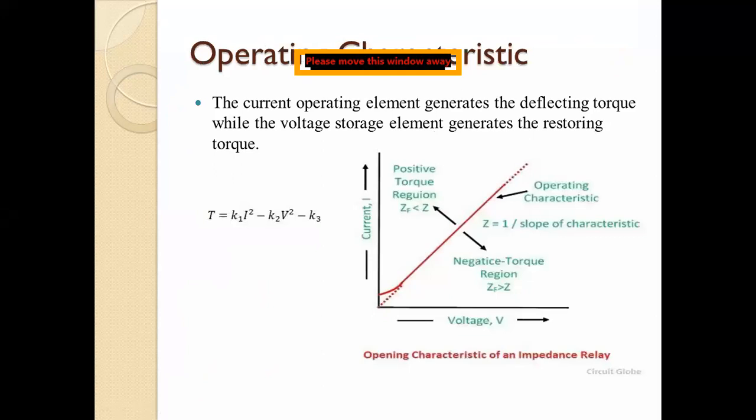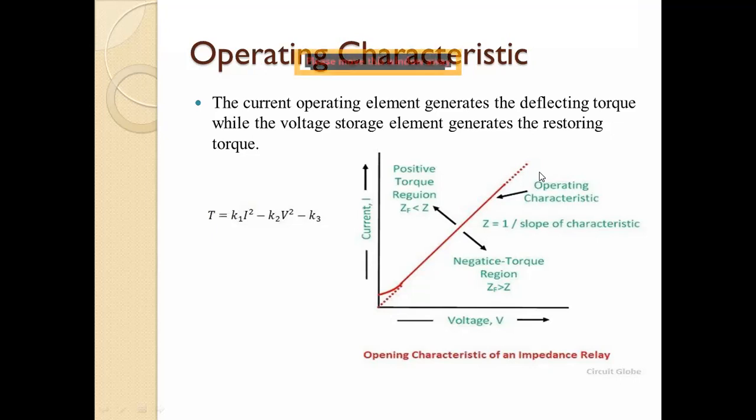So here this is the operating characteristic of your impedance relay. Here also we are considering electromechanical relays. There we have seen that there are two coils: first the operating coil and second the restraining coil.